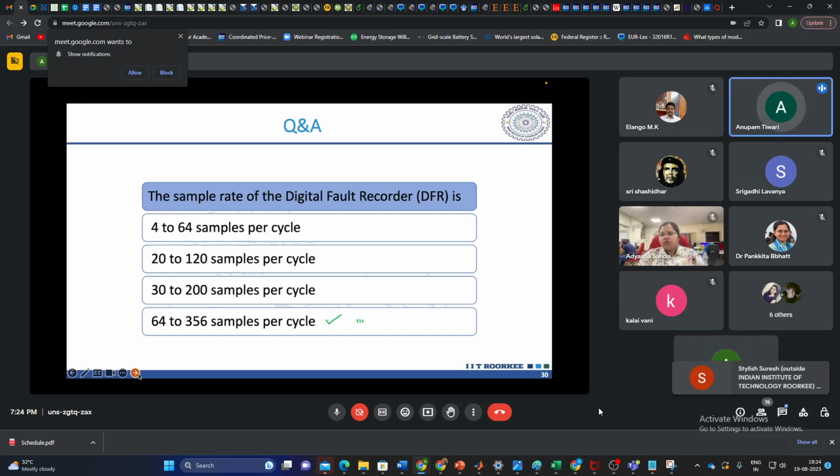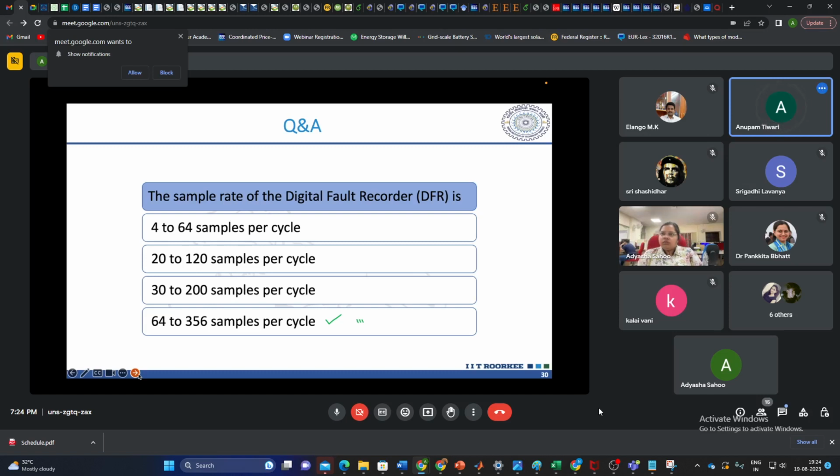Since all the DFRs give to the PDC, if the sampling is mismatched, someone sending more and someone sending less, there may be a problem. That is my practical aspect.